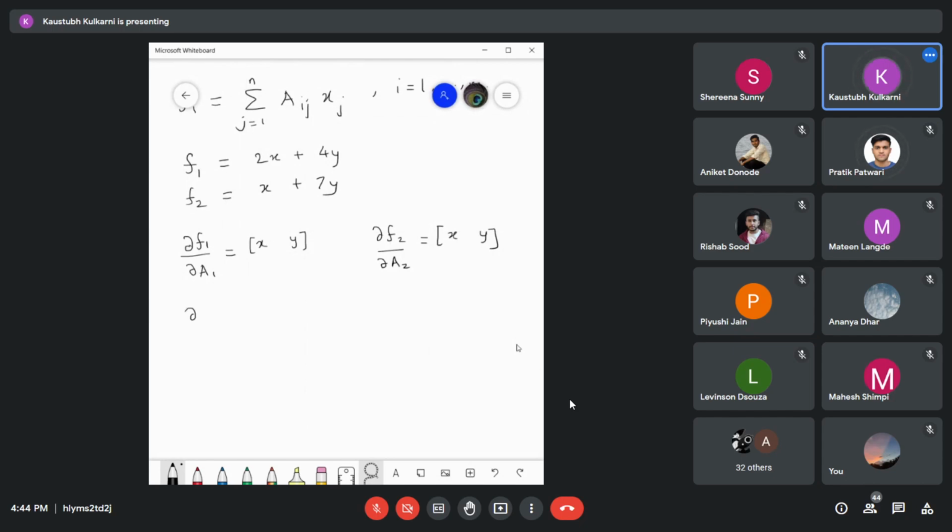The other two, I mean dou f1 by dou a2, will be 0 transpose, and dou f2 by dou a1 will also be 0 transpose. Now how do we collect these things basically?